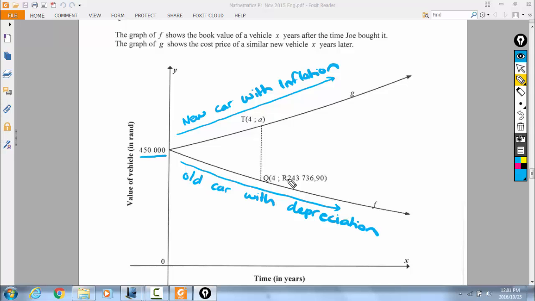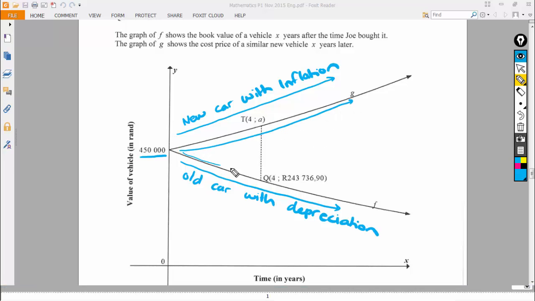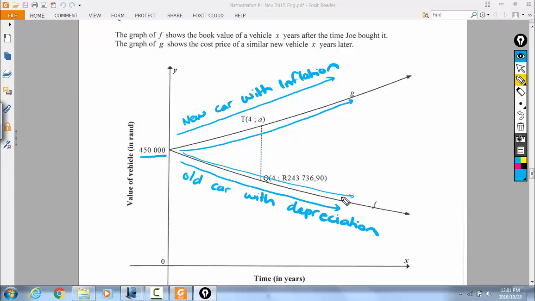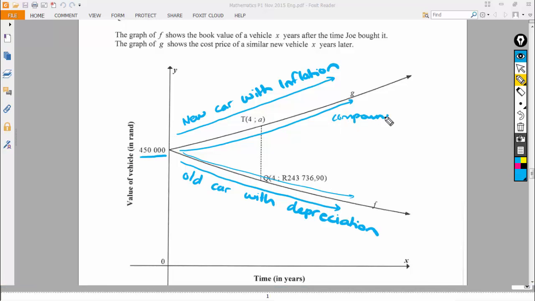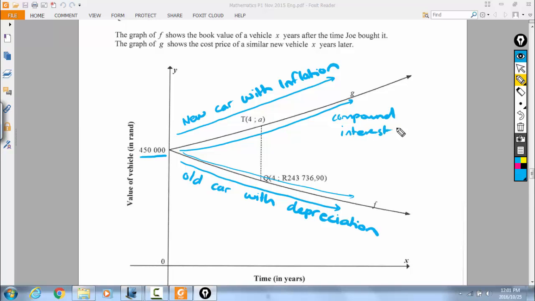And another thing that you must notice is that these graphs are not straight lines. This is a curve, it's an exponential curve, and this one's also doing the same thing but going down. So they're exponentials, which means we're looking at compound interest, which is what inflation is.